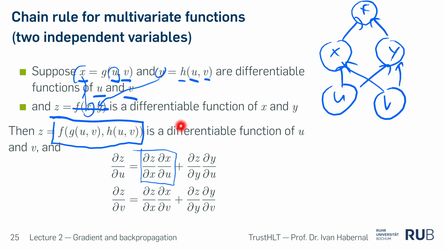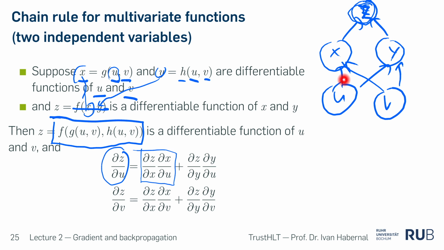Okay? And then you basically need to consider all paths. So how much is f changing if I change u? This notation is horrible. So z, let's call it z. How much is z changing if I change u? So you need to go through this chain rule down here, and through this chain rule down here, and sum them up.